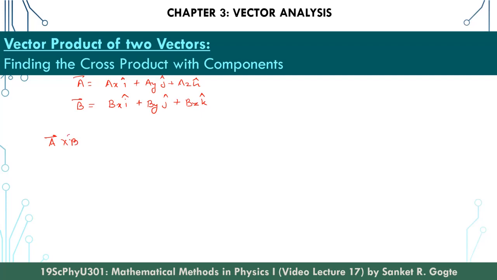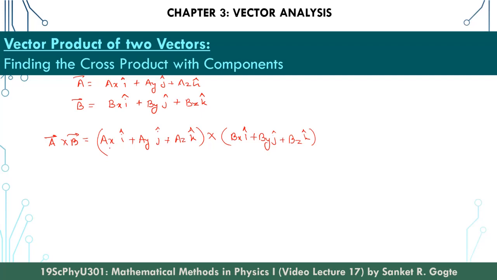A cross B is equal to axi plus ayj plus azk, cross product with bxi plus byj plus bzk. Now when we expand these two brackets, we will again have 9 terms.